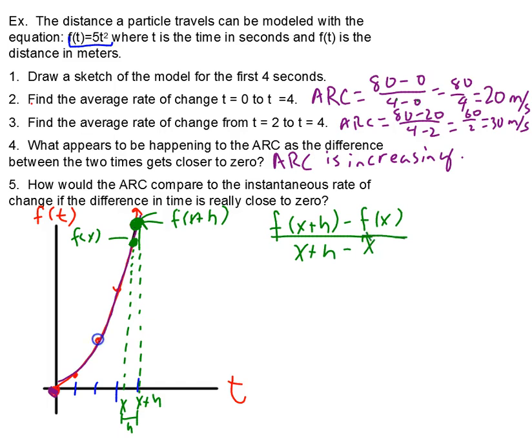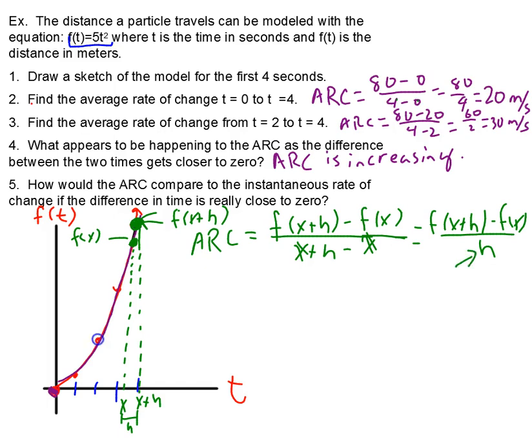Or in other words, these x's cancel. Wouldn't my average rate of change in general be simply f of x plus h minus f of x over just h? And so in general, if I describe the average rate of change in this way, that's how we could do the same problem.